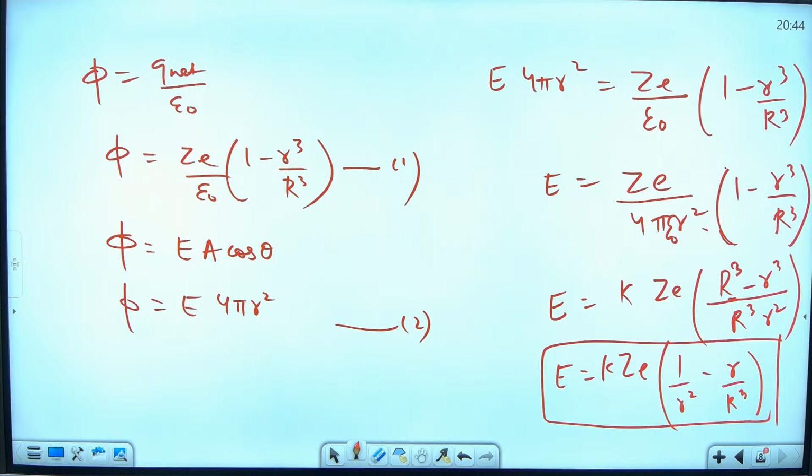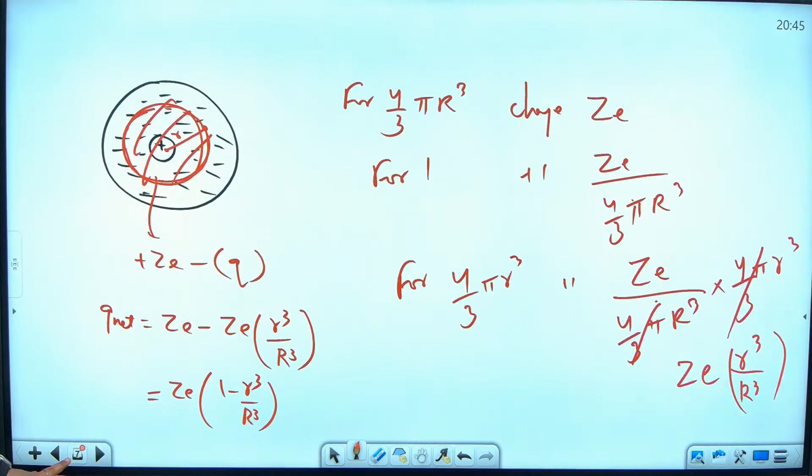Shall I display the question? This you can copy a little later. I'll not erase this. Let me display the question also. I'll give time for copying. Don't worry.